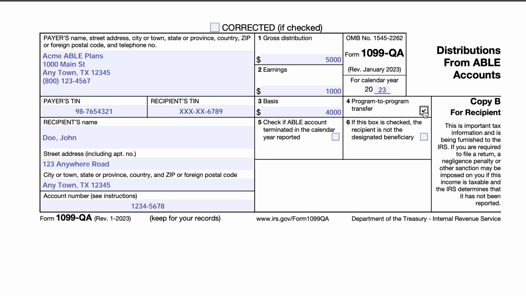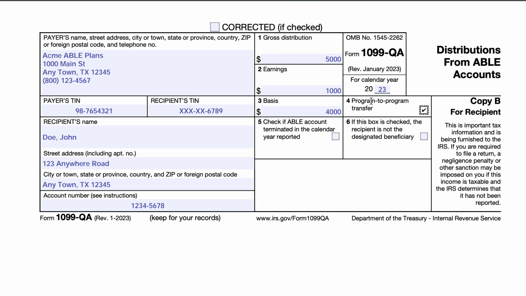So a program-to-program transfer is very similar to a direct rollover of an IRA, or a custodian to custodian IRA rollover from your 401k plan, where it never really touches your hands. So that's what box 4 means.